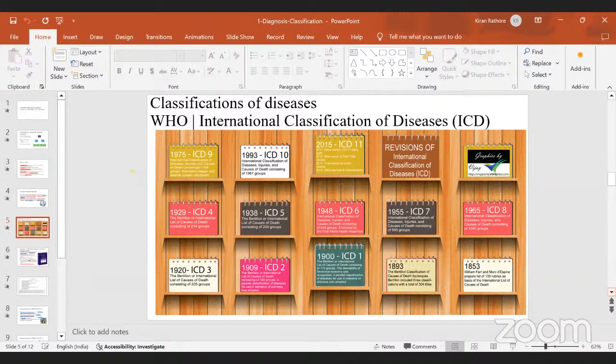So under chapter 5, different sections or categories have been given, with alphanumeric coding, F0 to F99.